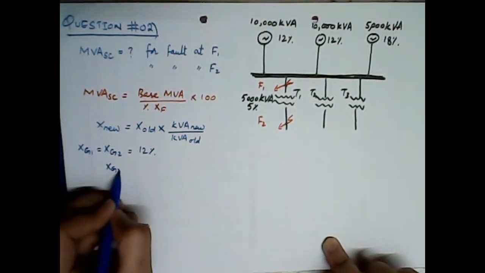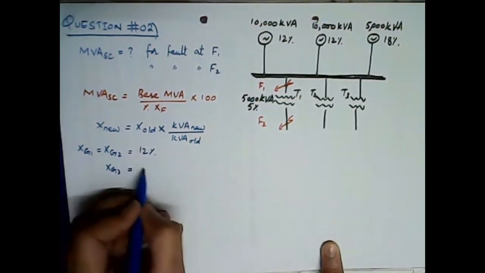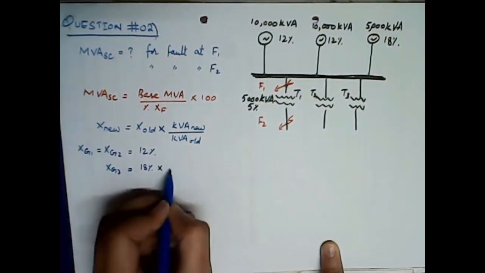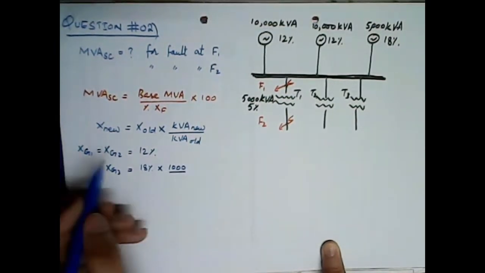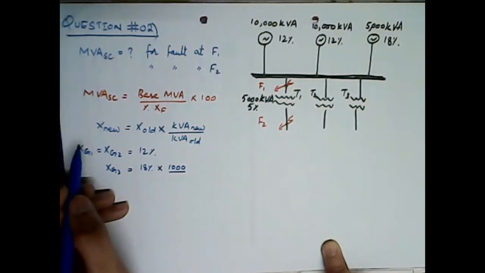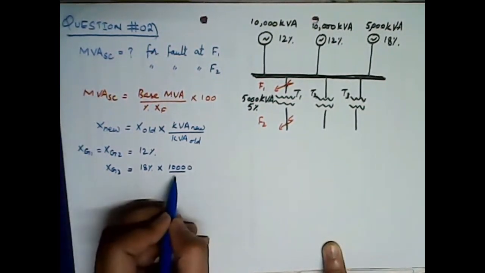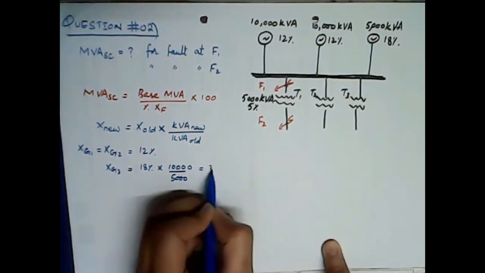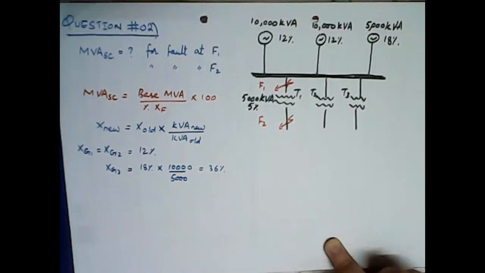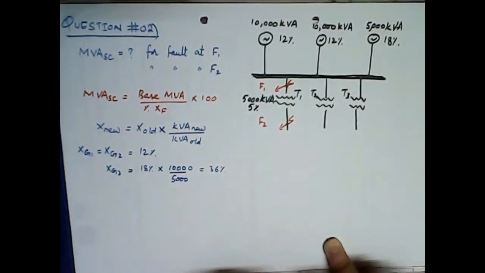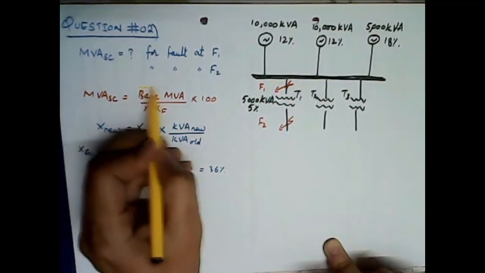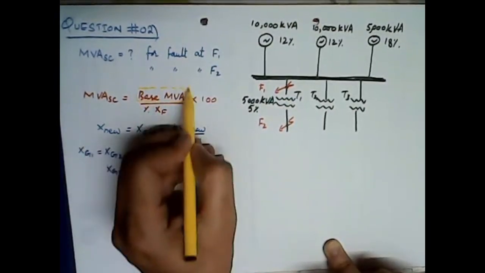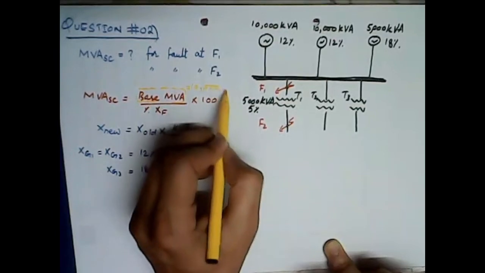X of G3 will be 18% times 10,000 divided by 5,000, which equals 36%. Just let me mention here, I'm taking the base kVA, that is the base power, as 10,000 kVA.